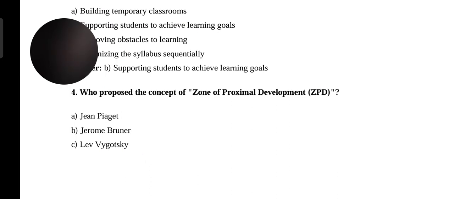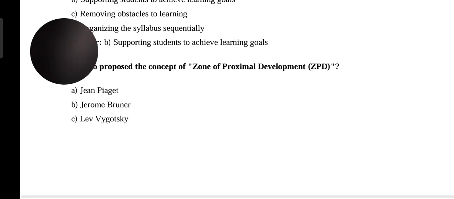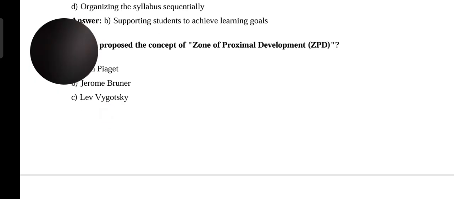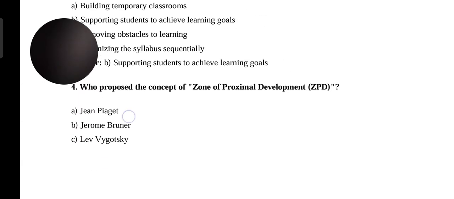So we found from the given options, option A, Jean Piaget, option B, Jerome Bruner, and C, Lev Vygotsky, and D, John Dewey.